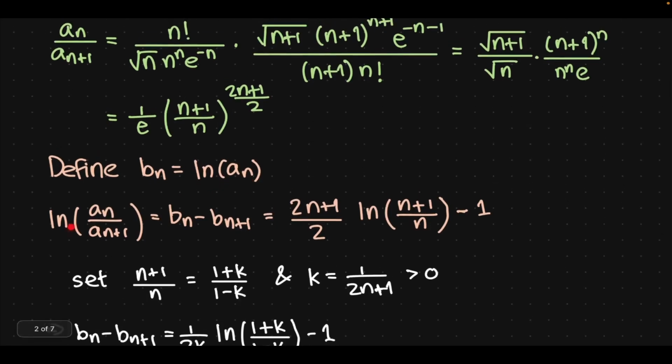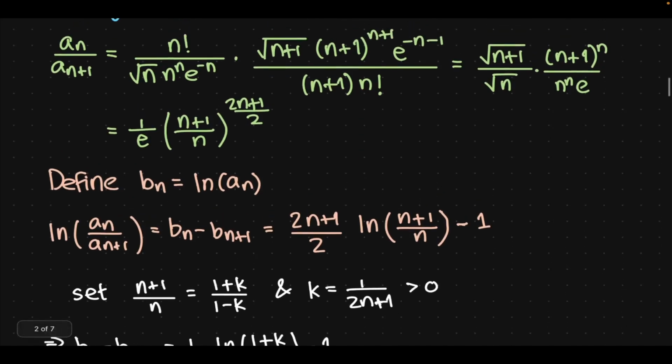If we take the natural log on both sides, ln of a_n divided by a_{n+1} equals, we can split this up using the properties of the natural log, ln a_n, which is b_n, minus ln a_{n+1}, which is b_{n+1}, equal to, now the power can drop down and multiply, so (2n+1) divided by 2 times ln of (n+1) over n, minus 1 from the 1 over e factor.